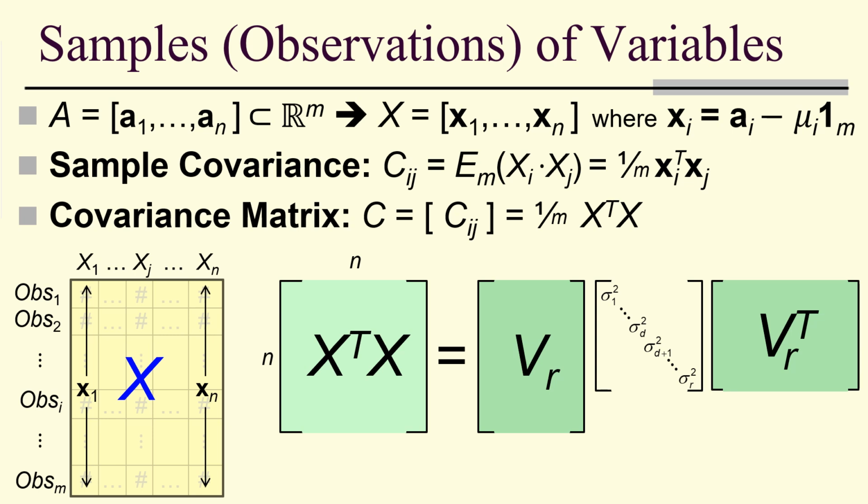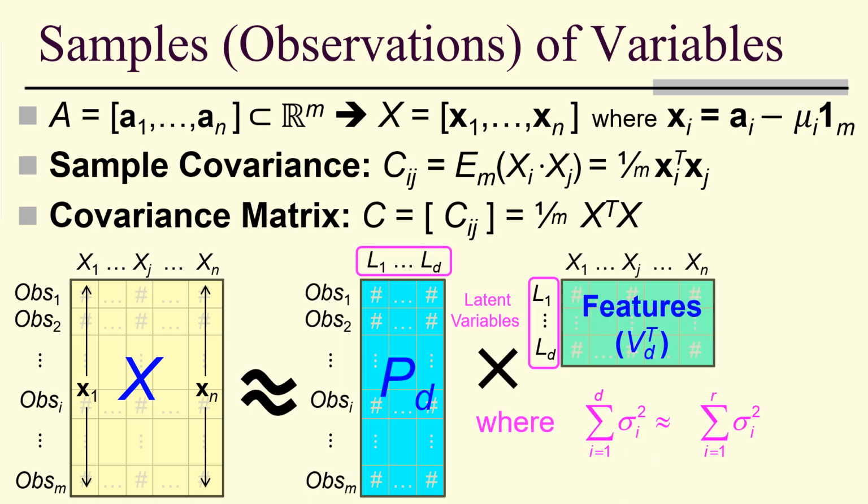So if we use the singular value decomposition or the spectral theorem to write down what this looks like, then we have these squared singular values, and we choose d such that the sum up to d of the squared singular values is approximately the same as the sum up to the rank r of the squared singular values.